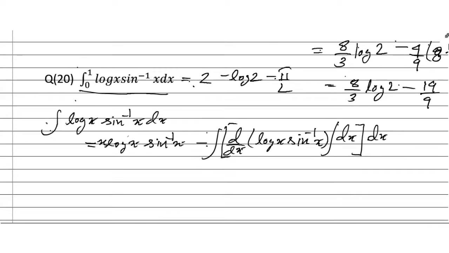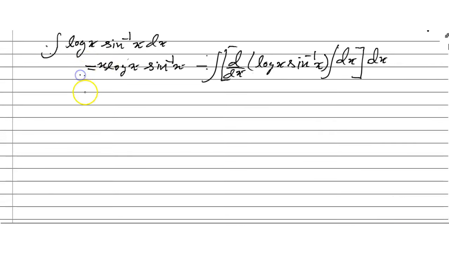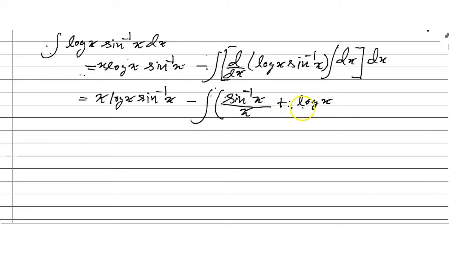After that, how can I solve? I can write this way, x into log x sine inverse x minus d/dx of log x is equal to, it can be written sine inverse x by x plus log x divided by root of 1 minus x square into x into dx.